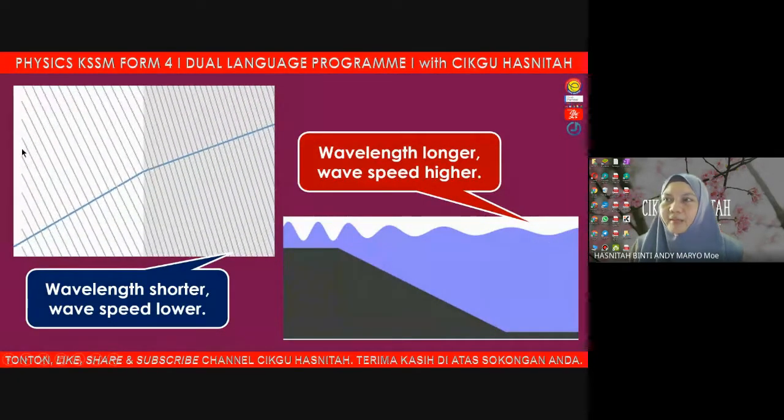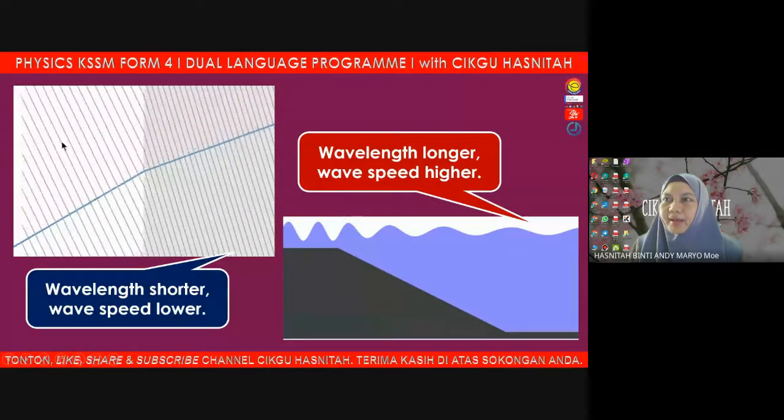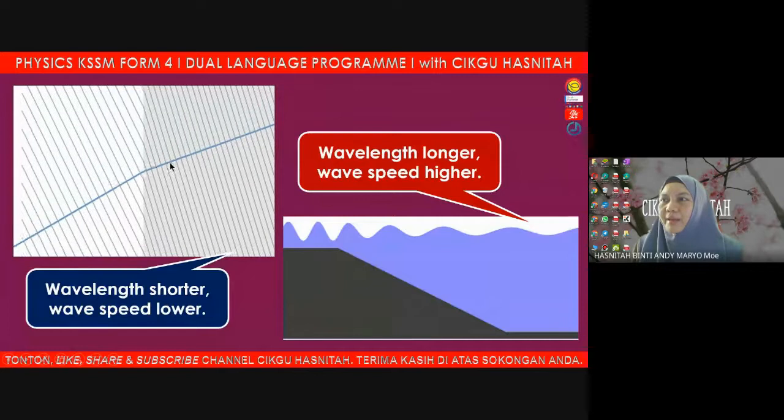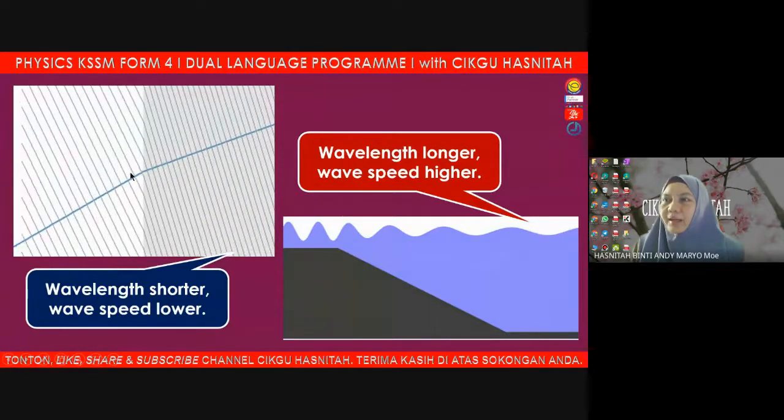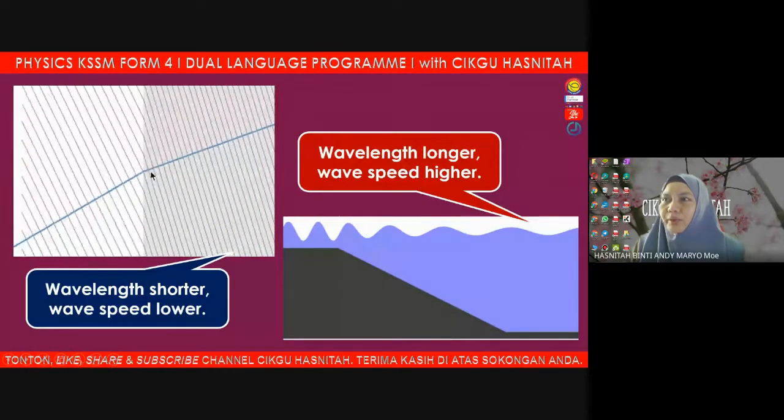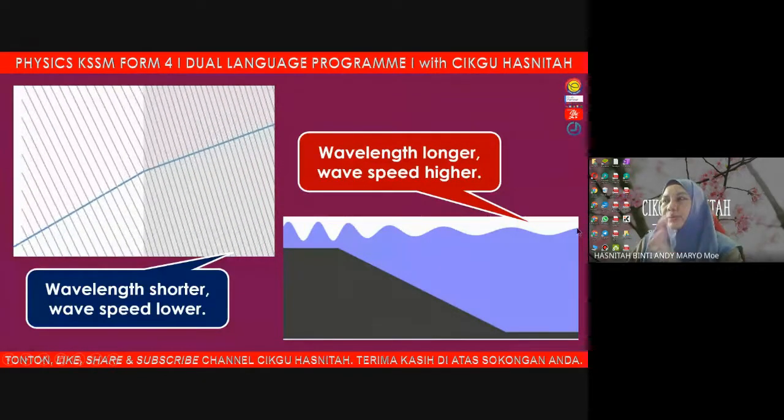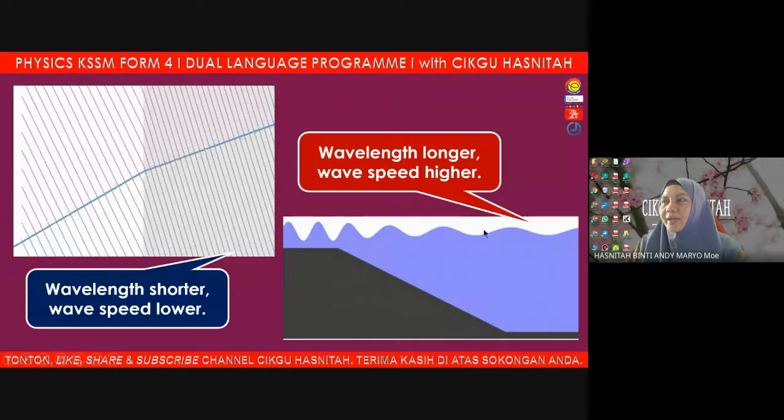In the deep region, you can see the wavelength is longer, and in the shallow region, the wavelength becomes shorter and it propagates towards the normal. Here you can see from the side view the changes of the wavelength.